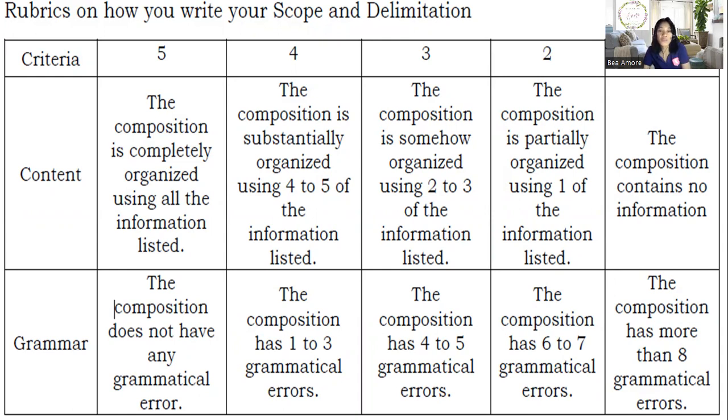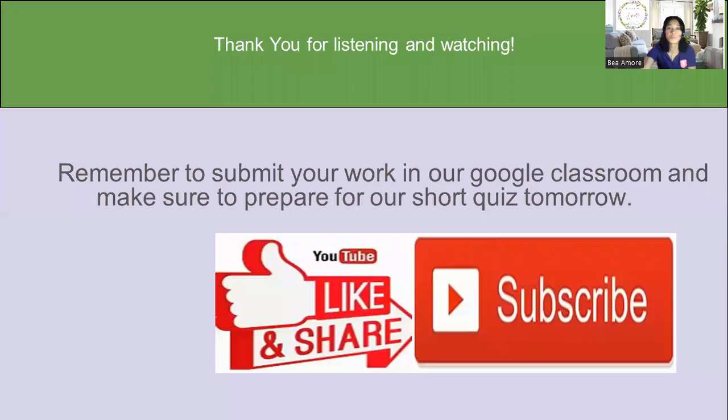If your grammar has 4 to 5 grammatical errors, that's 3 points. If your composition is partially organized using only one of the information listed, that's 2 points. And if your grammatical errors are 6 to 7, that's 2 points. If the composition contains no information, that's 1 point. And if the composition has more than 8 grammatical errors, that's 1 point also.